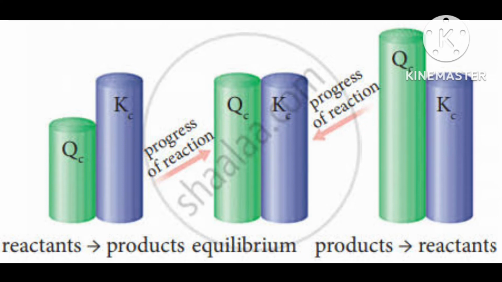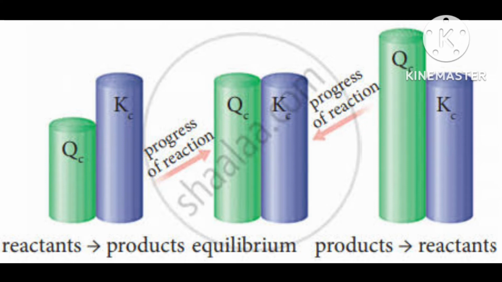And the reverse way: if Kc is very large, the reaction proceeds nearly to completion. Product formed is more and the reaction is completed, full 100% reaction.